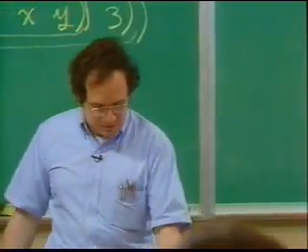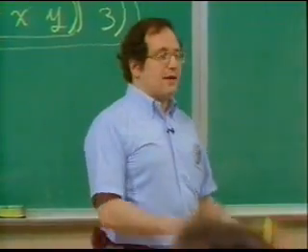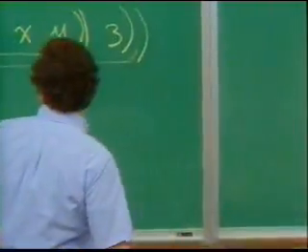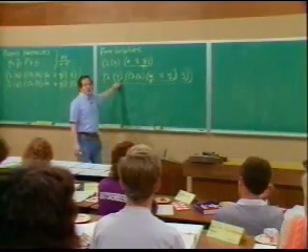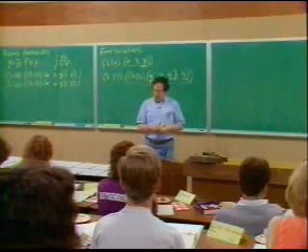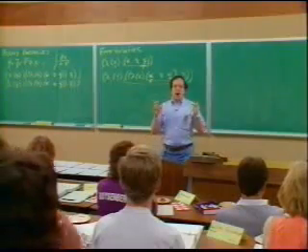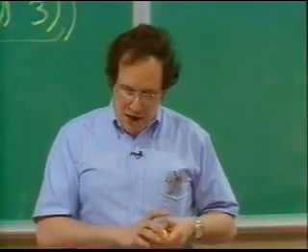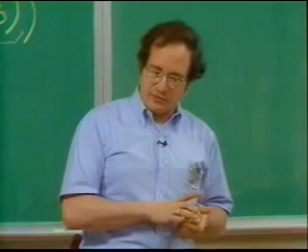But in any case, a lambda expression has a place where it declares a variable. We call that the formal parameter list, or the bound variable list. We say that the lambda expression binds, so it's a verb, binds the variables declared in its bound variable list.